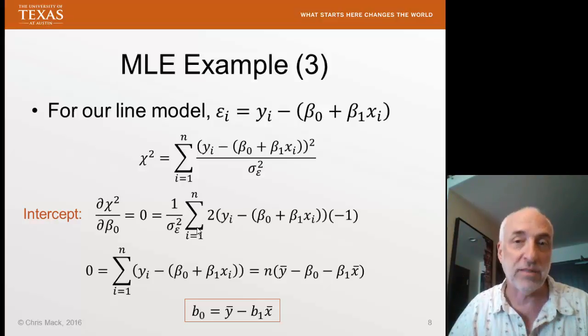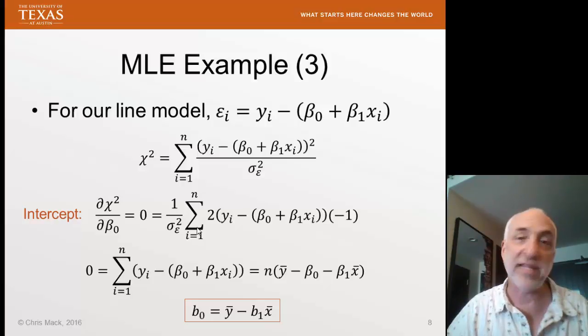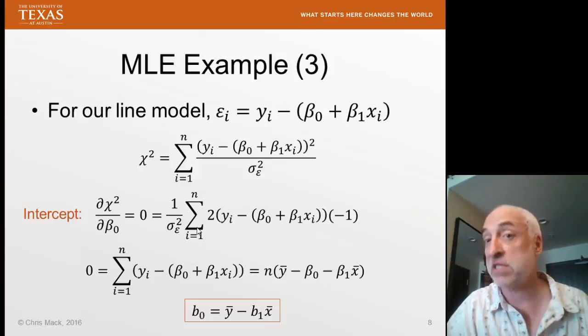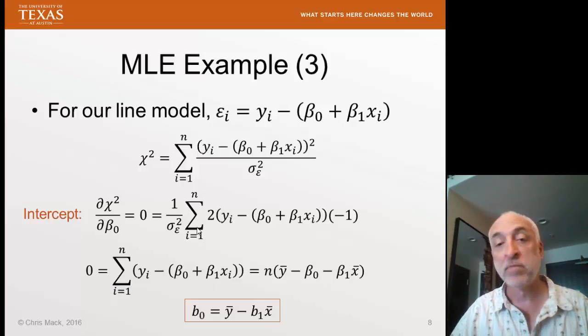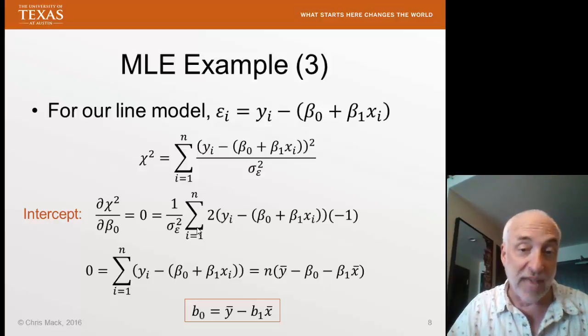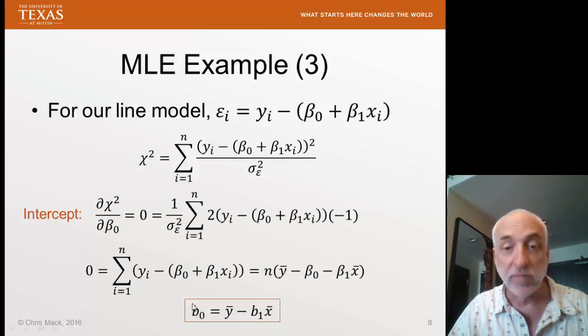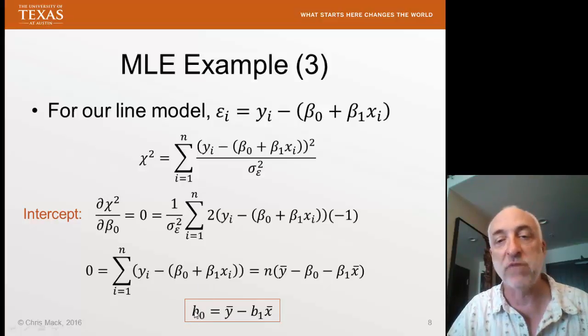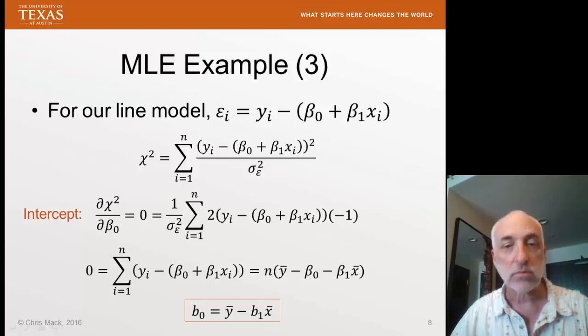Because it's a specific set of data, if I ran the experiment again, I'd get a different set of data, slightly different maybe. Every time I run the experiment, I'll get different data and a different value for beta naught. So I'll call this my estimate of the true value. That's why I've changed the nomenclature here. Now I have my estimate.